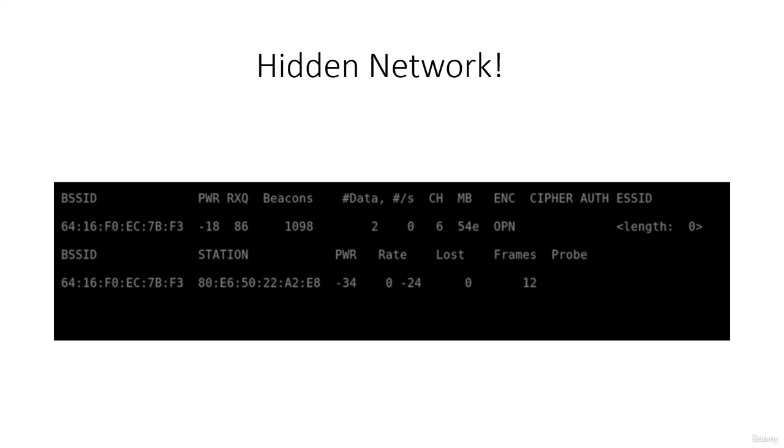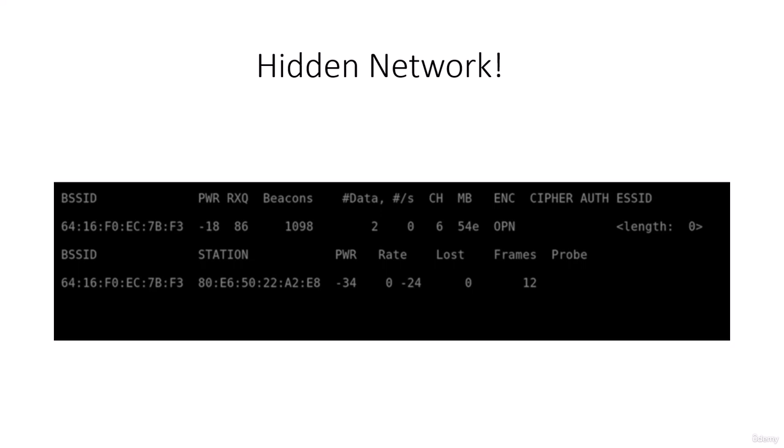What we are going to do now is use a deauthentication attack. Like before, we are going to disconnect this device from the network, but only for a very short period of time, then it automatically reconnects to the target network.